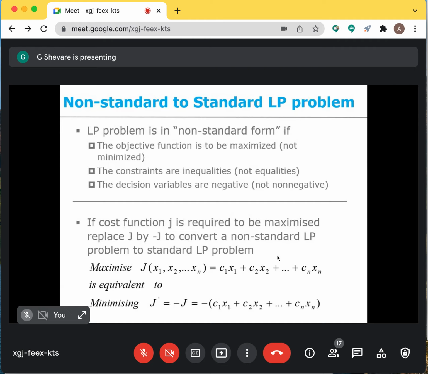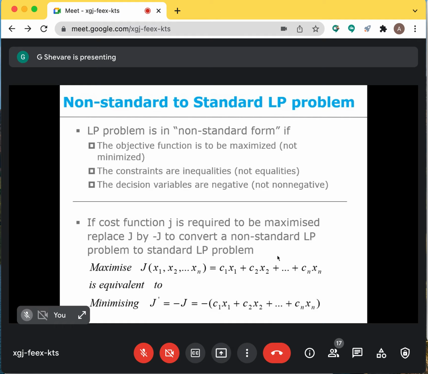It may so happen that the constraints are inequalities. I told you there are m equalities, which represent the working of the system. But it may so happen the working of the system may not be in the form of equality, but may be in the form of inequality. If such a thing happens, the linear programming problem is called non-standard form. One more thing, design variables can be negative because we may choose any design variable.